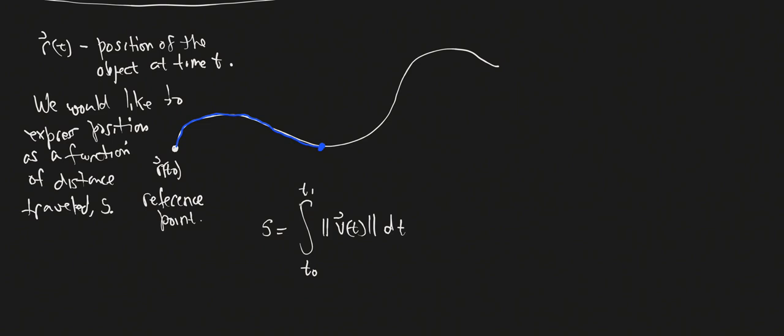But what we're saying now is that we'll still have this fixed initial time, but the time it takes me to travel the distance I'm interested in is now going to be a variable. So what I need to define now is not just a distance integral, which is what this is, but instead a distance function.